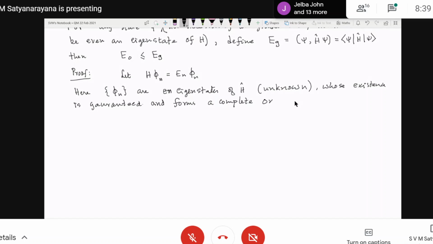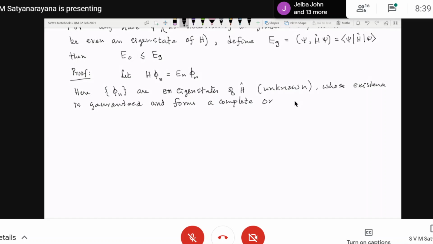Now this can be written as the sum over m comma n of Cm star Cn times phi m H phi n. But what are phi m and phi n? These are eigenstates of H. So what is H acting on phi n? H acting on phi n is En phi n. Correct?